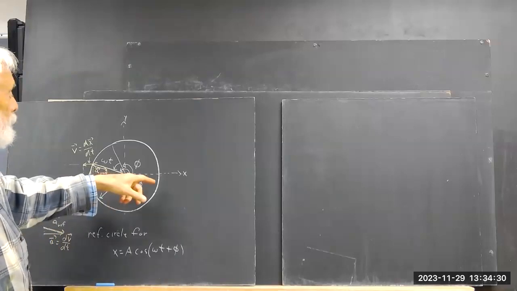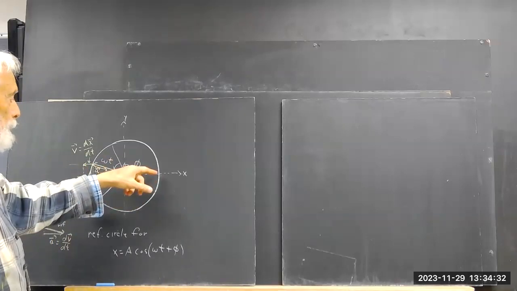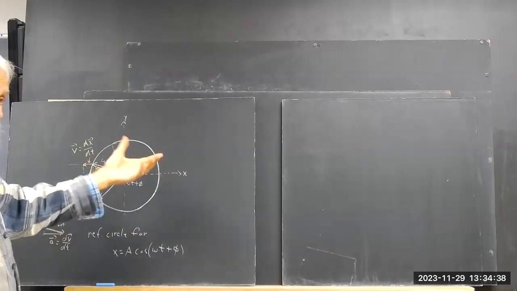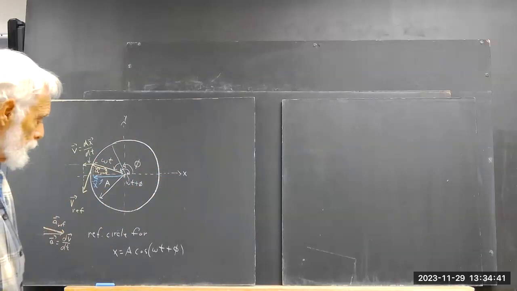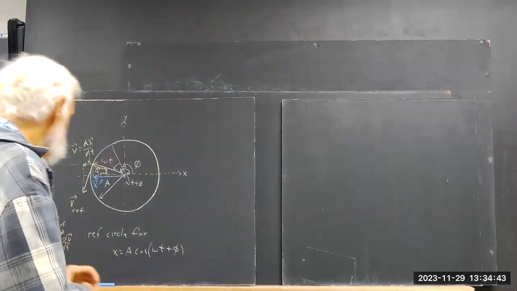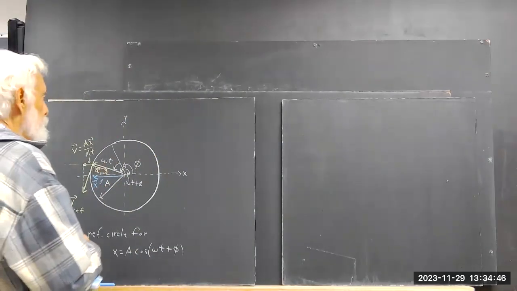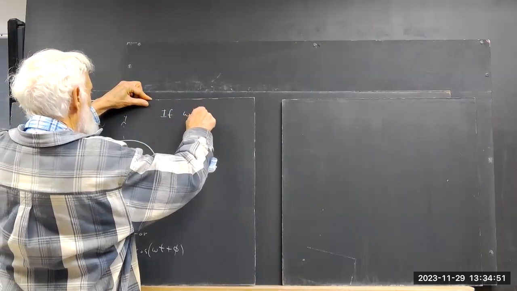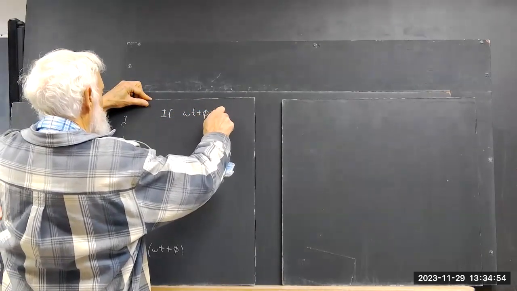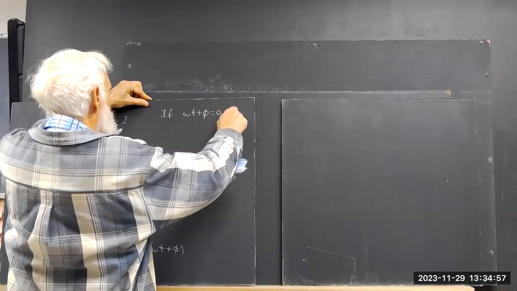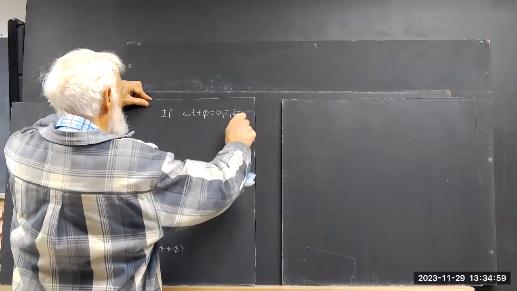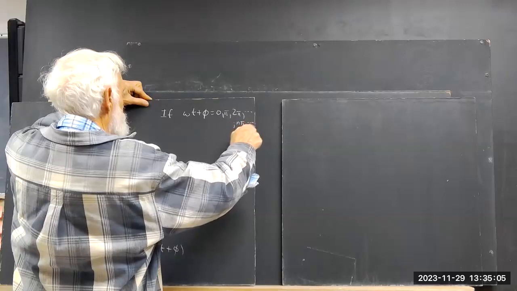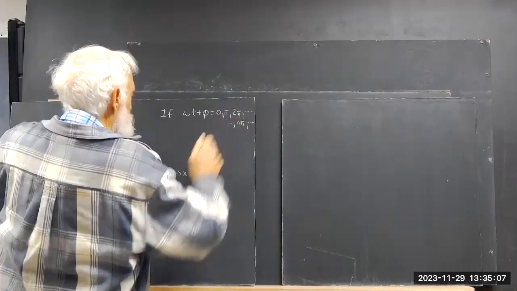And that would be an angle pi, or 2 pi, or 0, or 3 pi, or 4 pi, an integer multiple of pi.